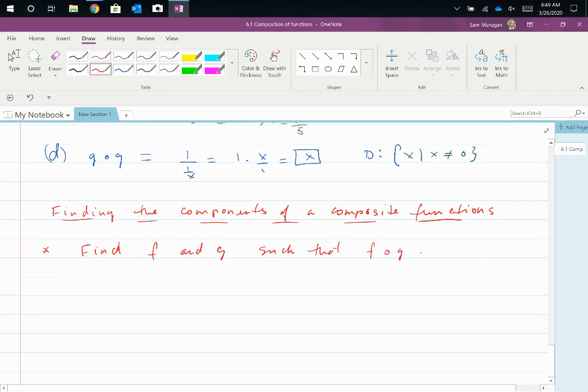f composed of g is equal to a function designated as h, when say the h function is given as 3x squared minus 5, let's say to the 19th power.